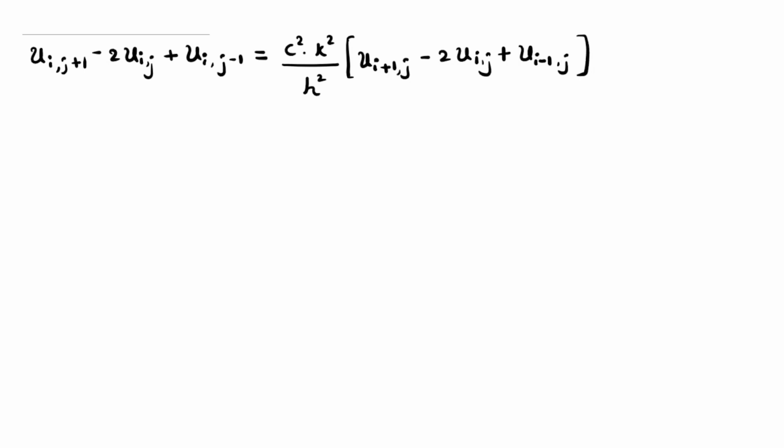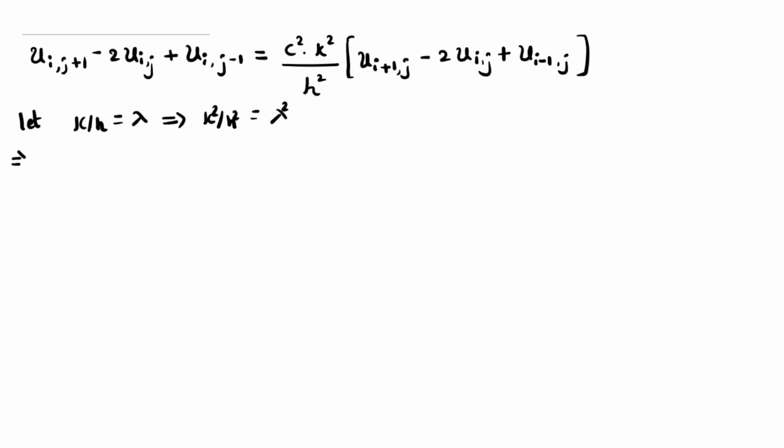Now we'll put k by h as lambda. So this implies k square by h square is lambda square.